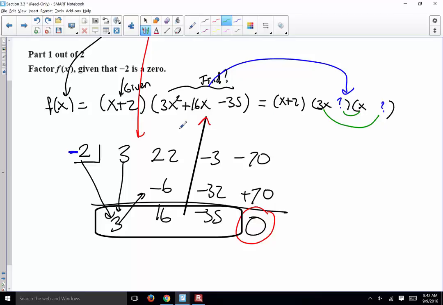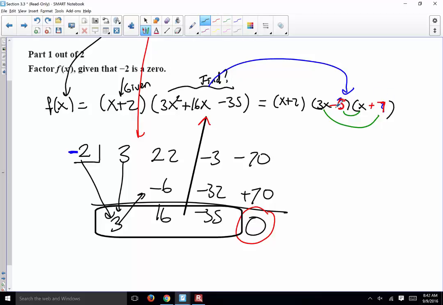Two numbers multiplied make minus 35, and you FOIL and add them, that 3x and x multiplies them, and add to plus 16. What two pairs? Chris? Negative 5 and 7. Let's test. Negative 5, positive 7.